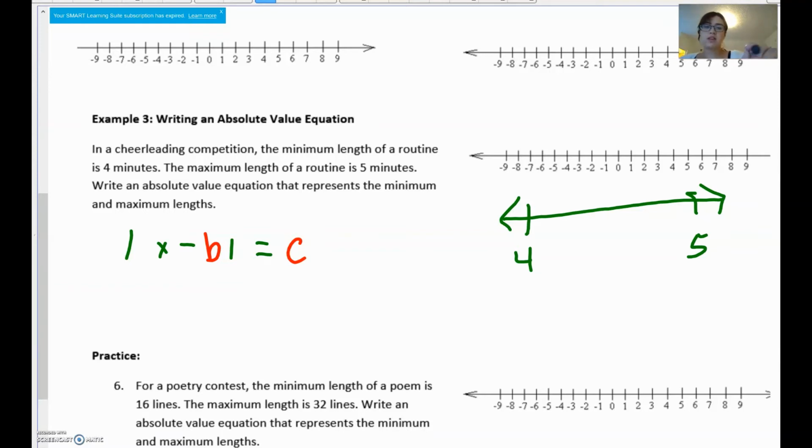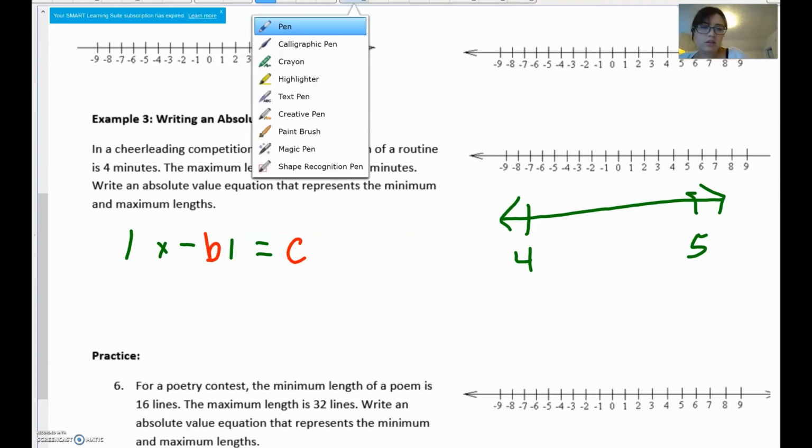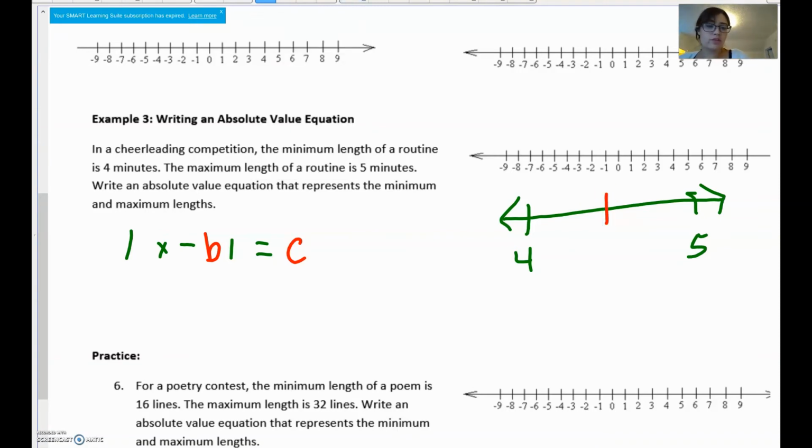So this c is the midpoint between 4 and 5. So 4 and 5 is 1 unit away, so half of the way is 4.5.